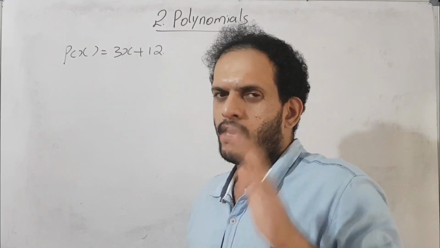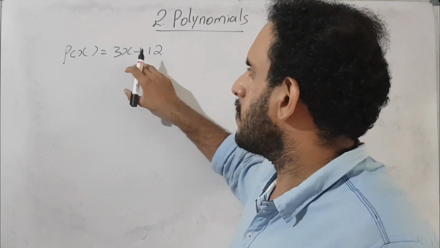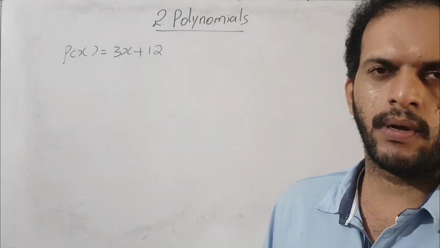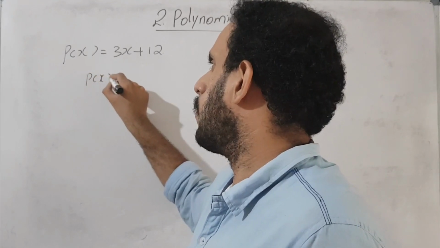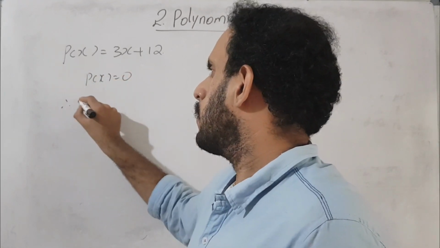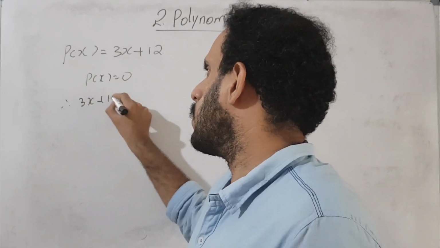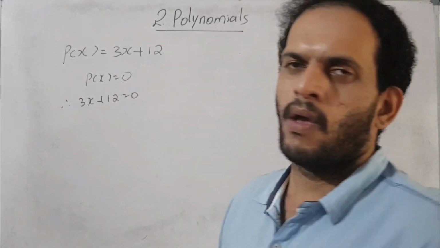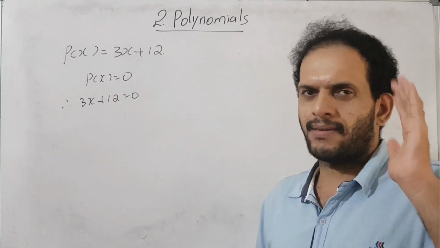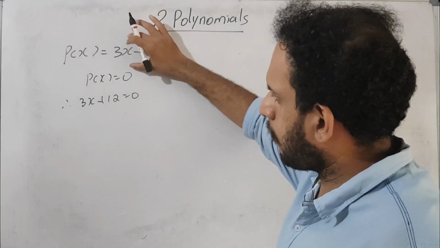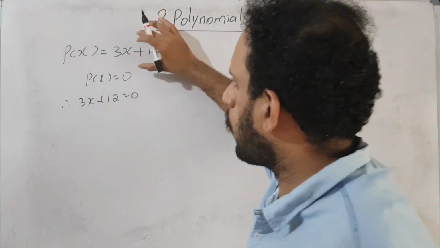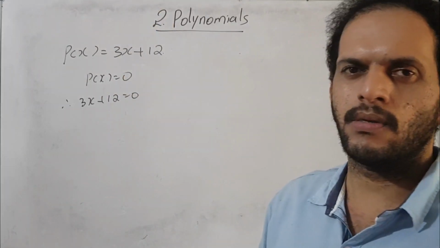Then first we equate this equal to 0, correct? So we are assuming first p of x is equal to 0. Therefore, 3x plus 12 is equal to 0. That also we discussed last year. For finding the 0 of the polynomial, first we equate this with 0.